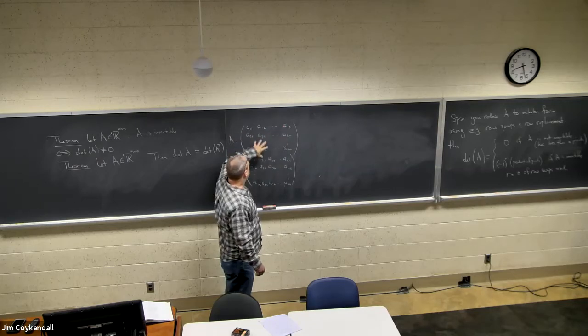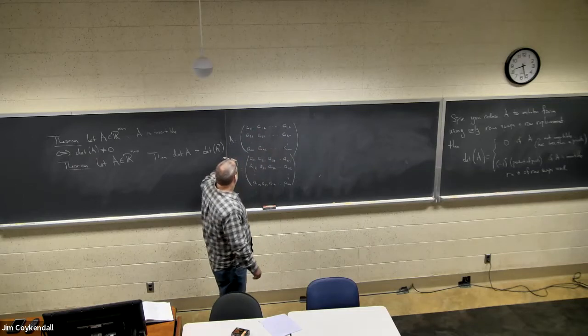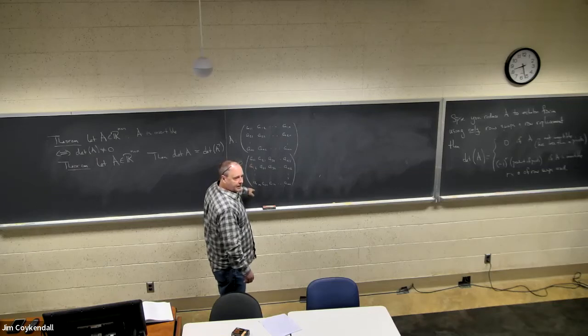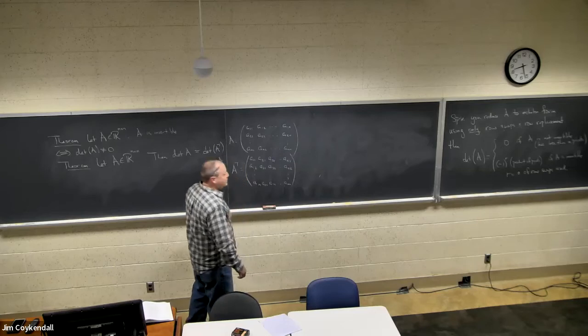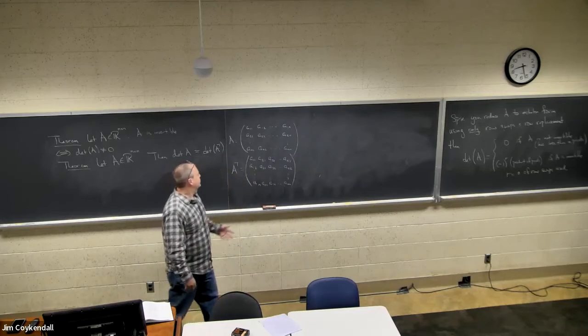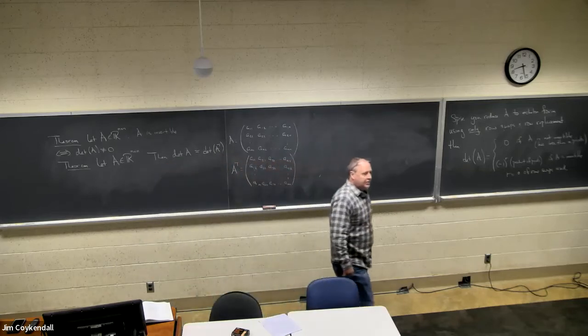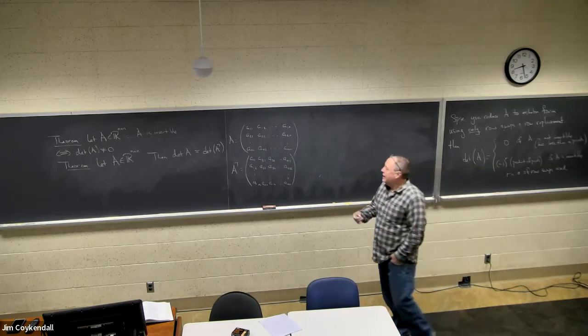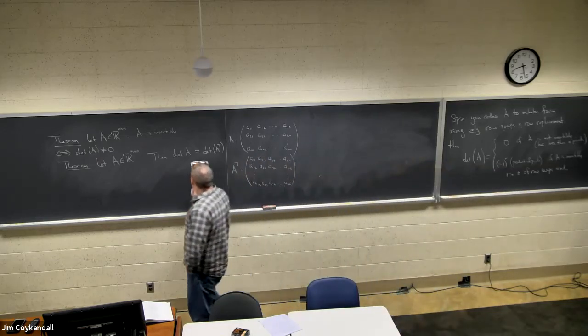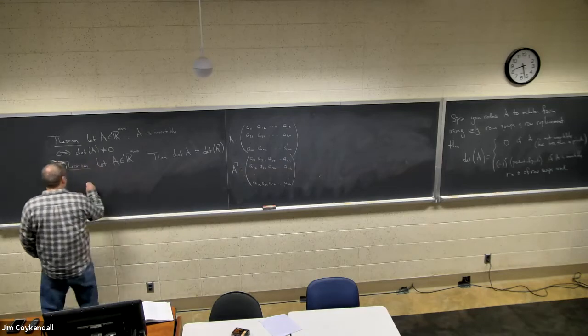Just this comes with this subdeterminant minus this subdeterminant. Notice you can expand A transpose about the first column and check to see that you get the same result, right? So that's why that works. So the determinant of A and the determinant of A transpose are both the same.